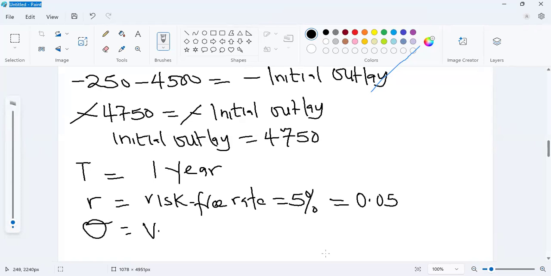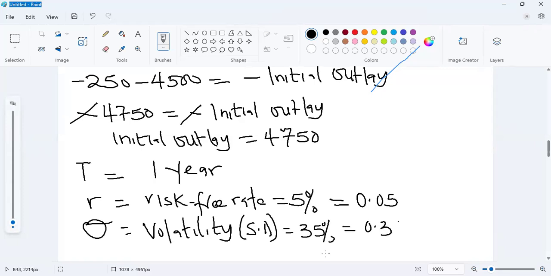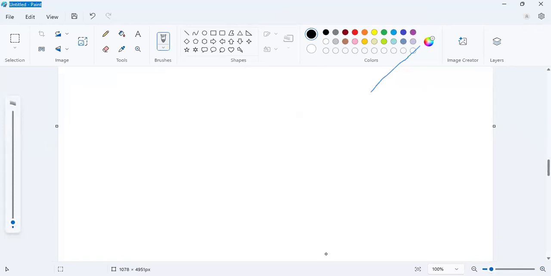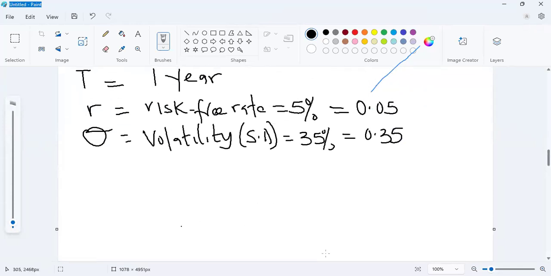Volatility, in bracket standard deviation, is equal to 35%, 0.35. We have gotten the 5 input variables. We can now calculate our D1.